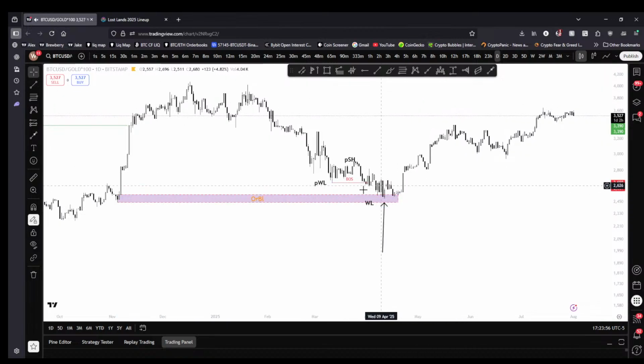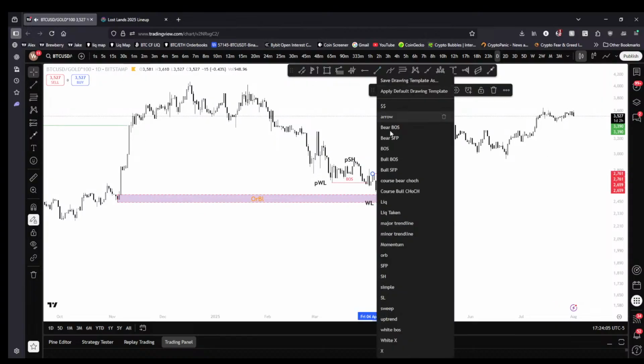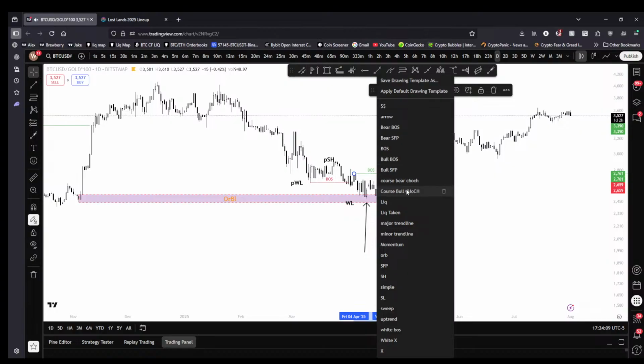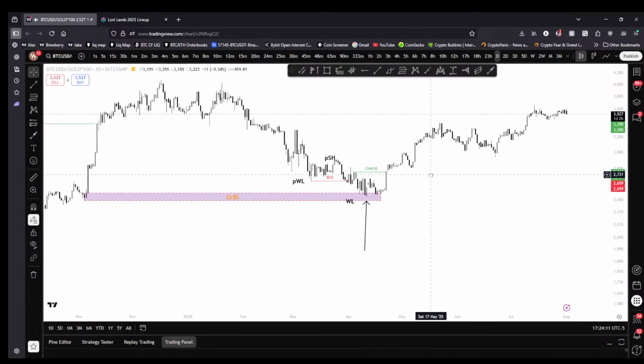And then out of this order block, this demand order block, this bullish order block, we flipped daily structure. This was your confirmation.